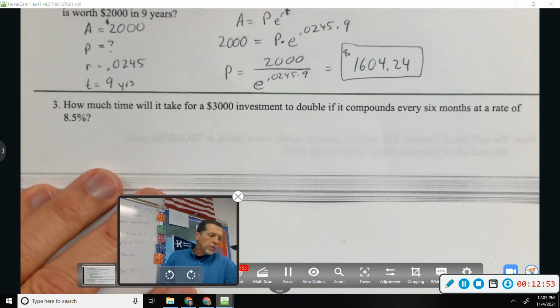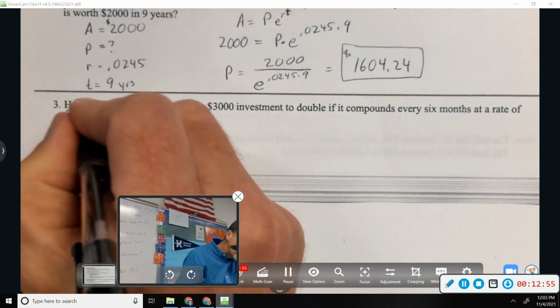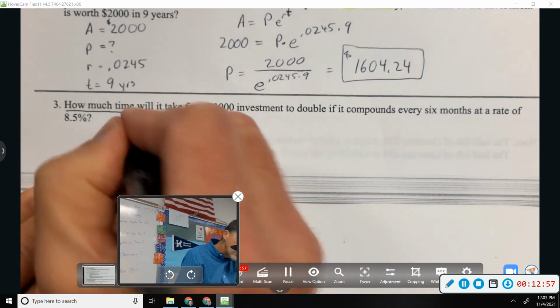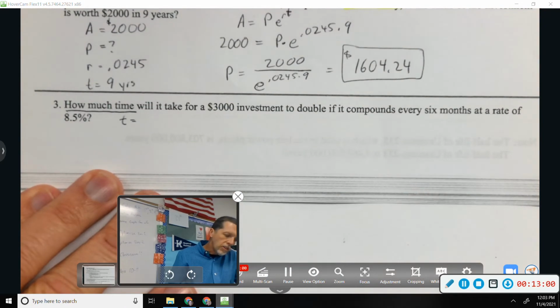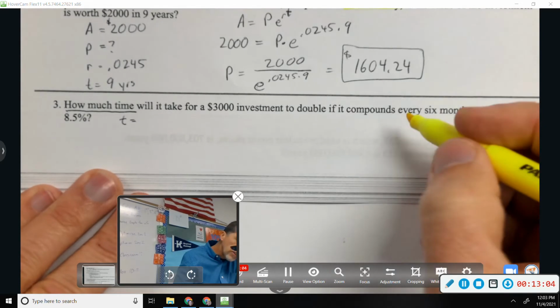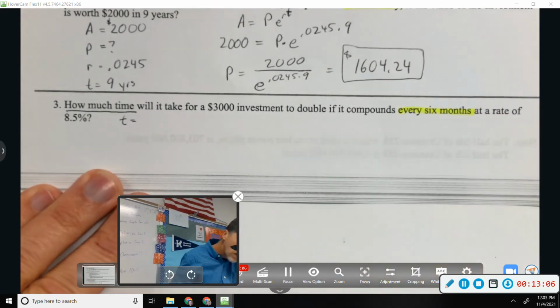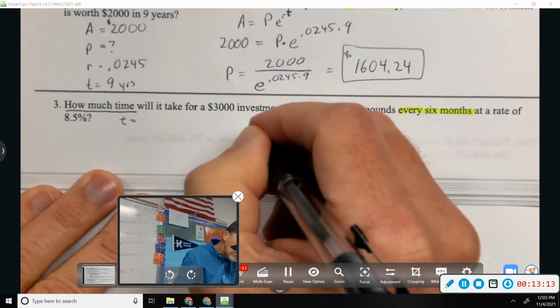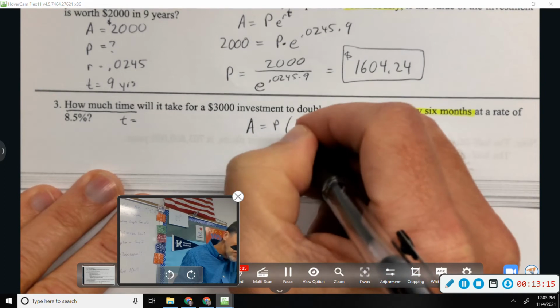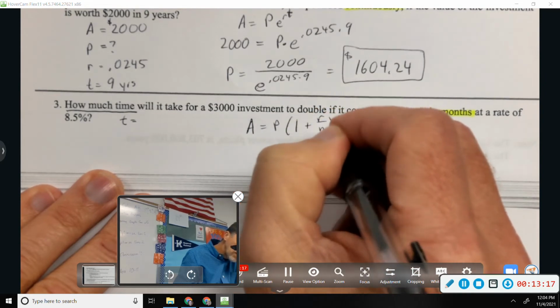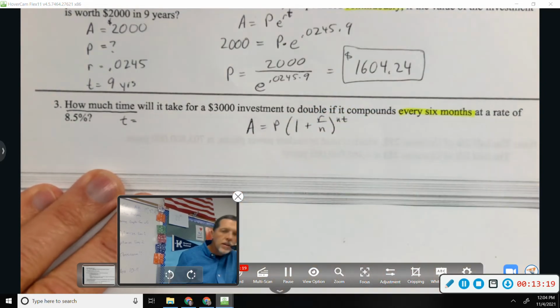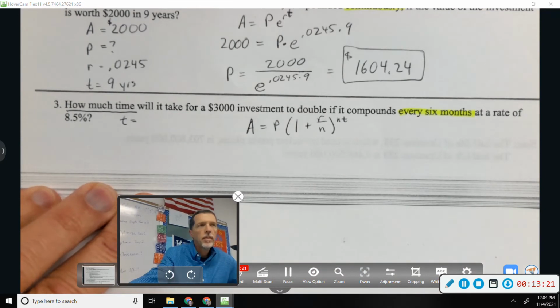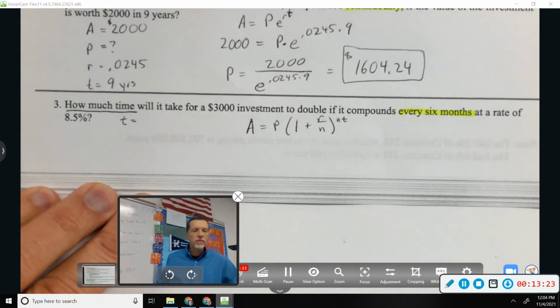Number 3, how much time? So already I know I'm looking for time. Will it take for a $3,000 investment to double if it compounds every 6 months at a rate of 8.5%? So every 6 months tells me to use this formula. It asked me for time, so I know I'm looking for time.